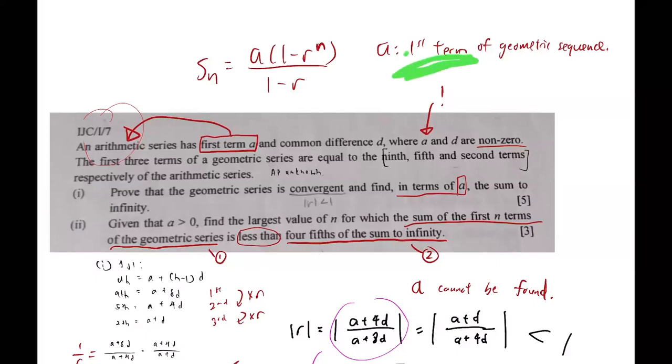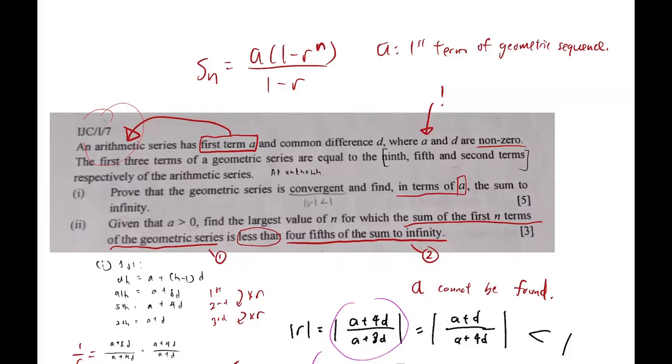Anyways, the first term of the geometric sequence here is actually the same as which term of the arithmetic series? Read the second sentence. The first three terms of a geometric series are equal to the ninth, fifth, and second terms of the arithmetic series.